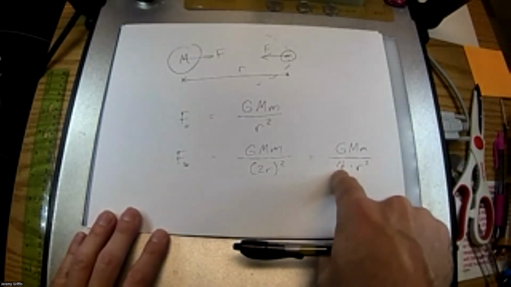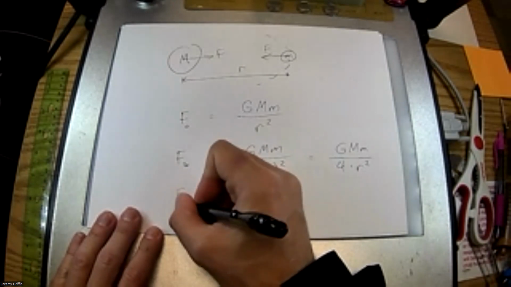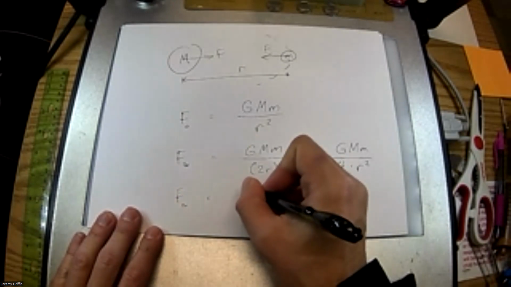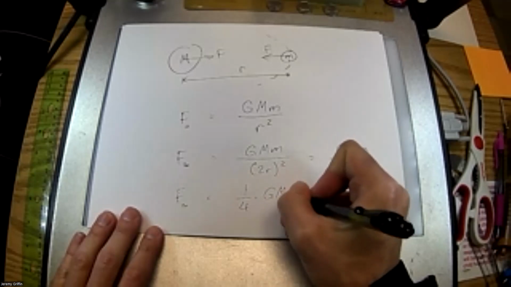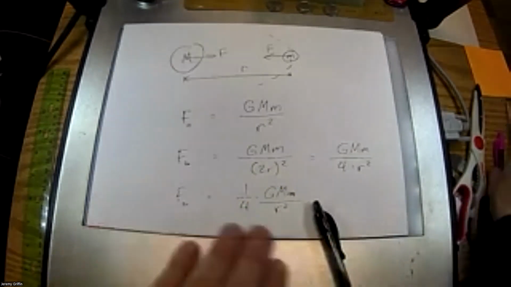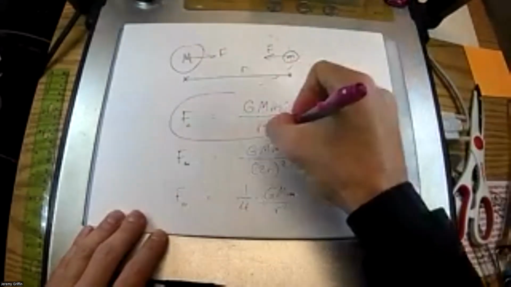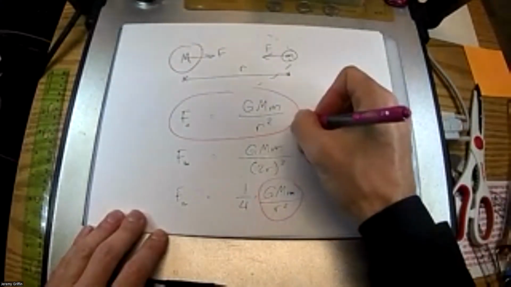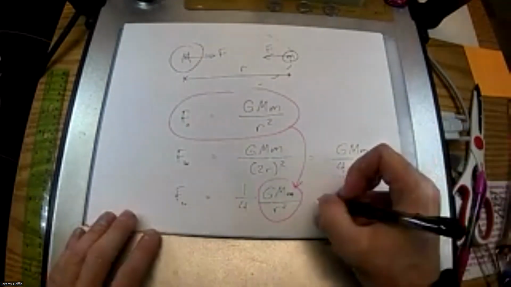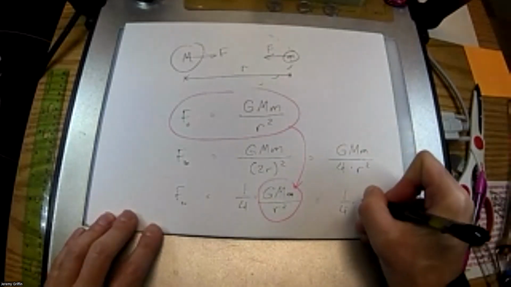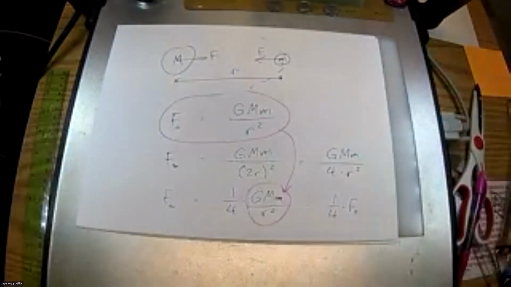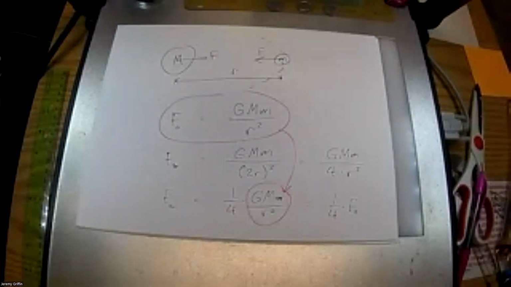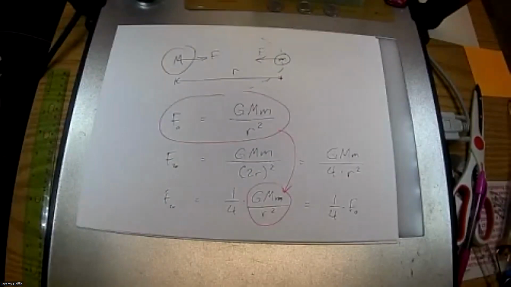If I pull that 4 out in front, now I've got 1/4 of G m1 m2 over r squared. And this piece right here was the original force. So it's 1/4 of the original force. So if you double the distance, the force is getting weaker, but it's 1/4 because 1 over 2 squared. There's your inverse square law right there. You guys got that?